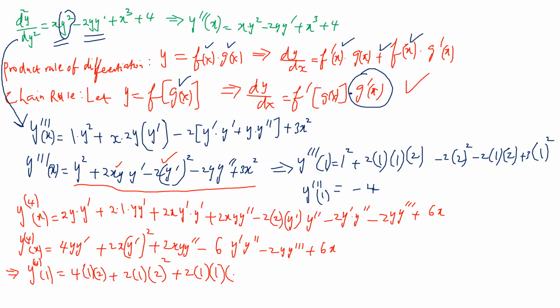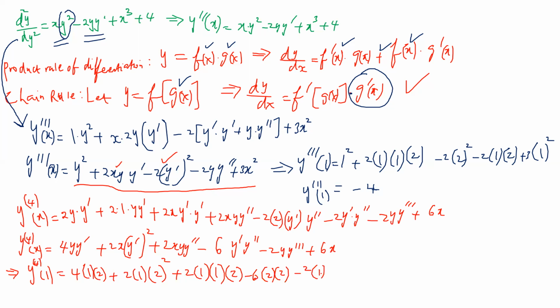Y double primed, we got that one to be 2. So substitute here 2, minus 6. Y primed, the initial value, is 2. And then this one is y double primed, which we already got to be 2. There's no square, right? So minus 2. Y at 1 is 1, initial values.